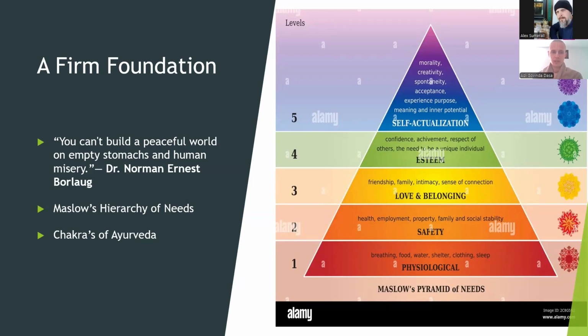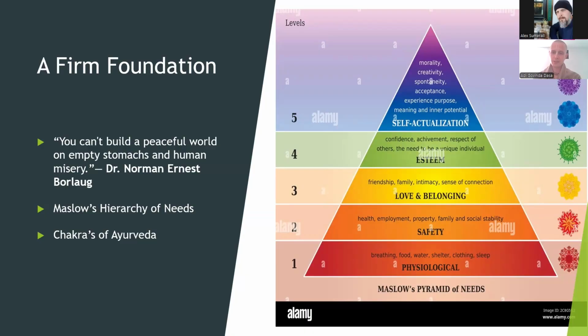One nice quote, or brutally honest quote, you can say, Dr. Norman Ernest Borlaug was quoted saying, "You can't build a peaceful world on empty stomachs and human misery." And this is talking about the phenomena that Maslow also spoke to, and Ayurveda also speaks to.